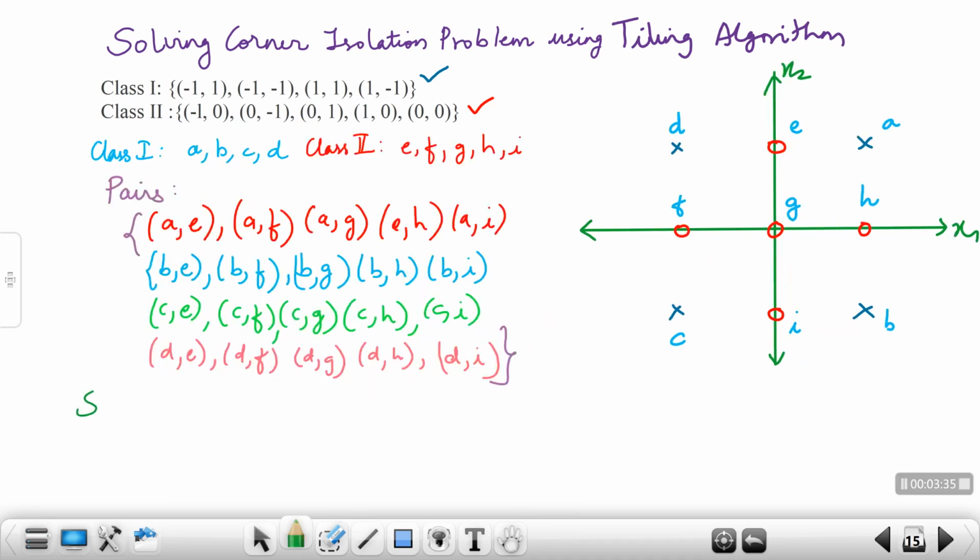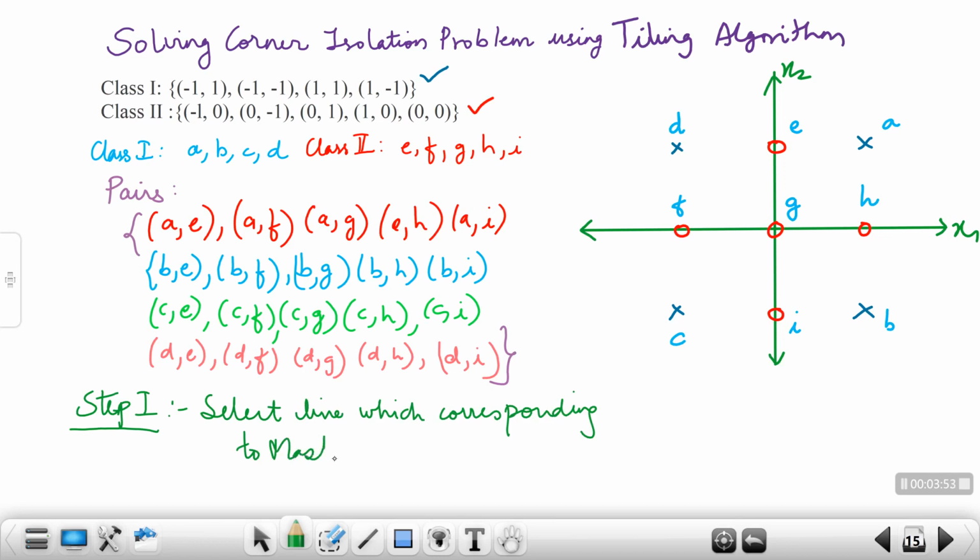So first, step 1. In step 1 we will be selecting the first line, which corresponds to the master unit. We can select it anywhere, and the name of this line we shall give as M1.